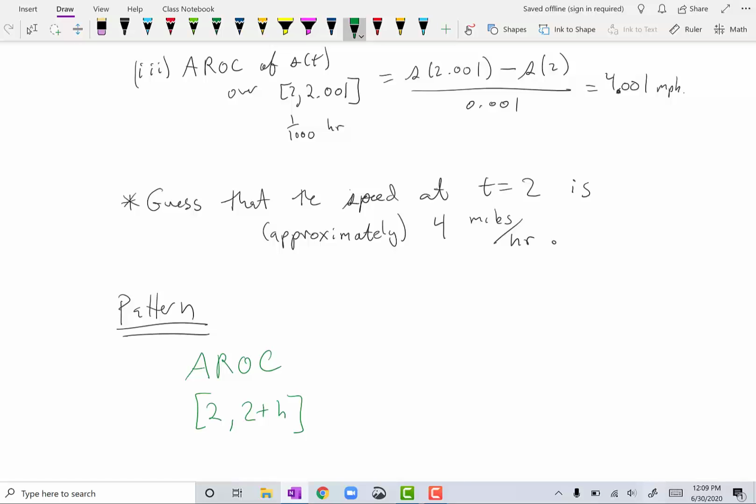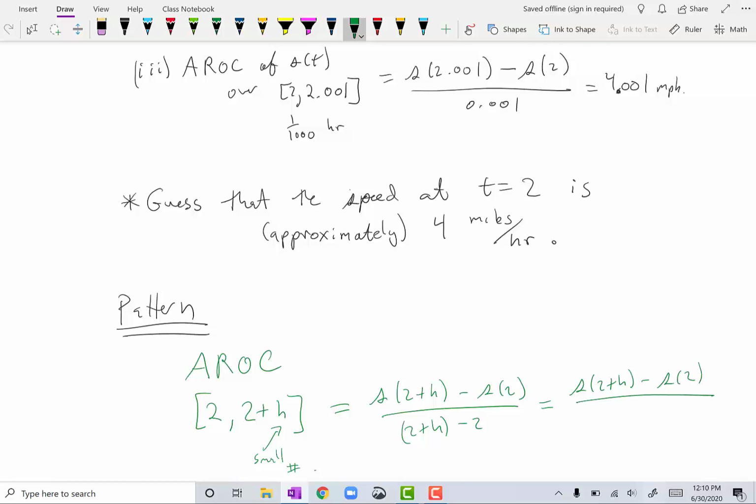Like h could be some really small number. And if we do a little simplification in the denominator, we get just an h.